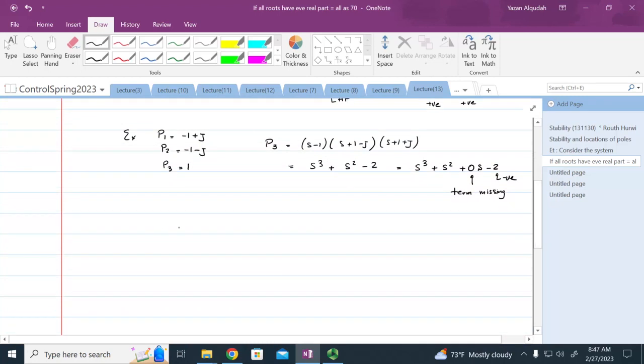So let's take another example. I'm going to determine the stability of the system below.